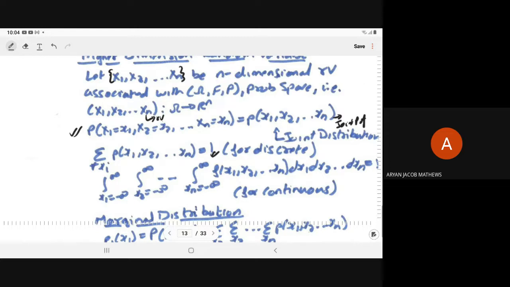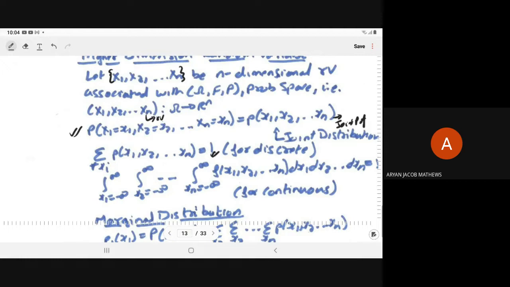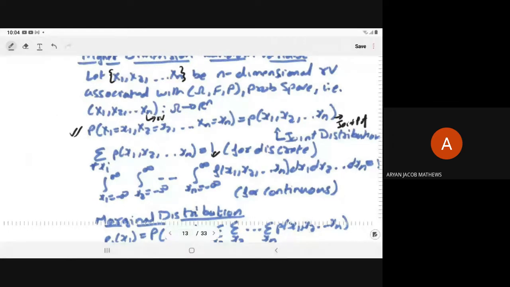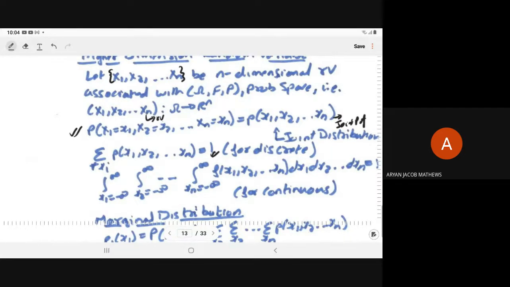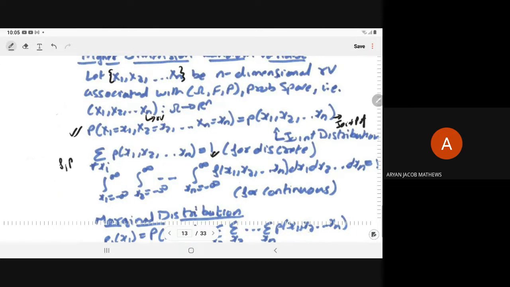We can even have a mix of discrete and continuous. It is not necessary that all n variables are discrete in nature, or all continuous. We may have a mixture, some discrete and some continuous. So here f and p both are joint PDFs.